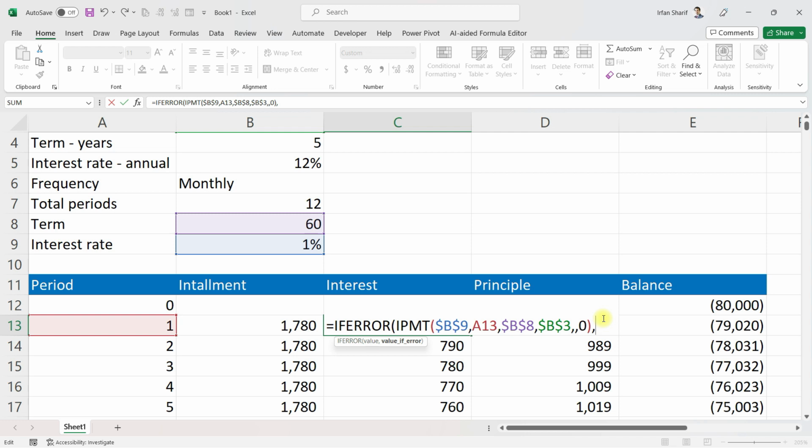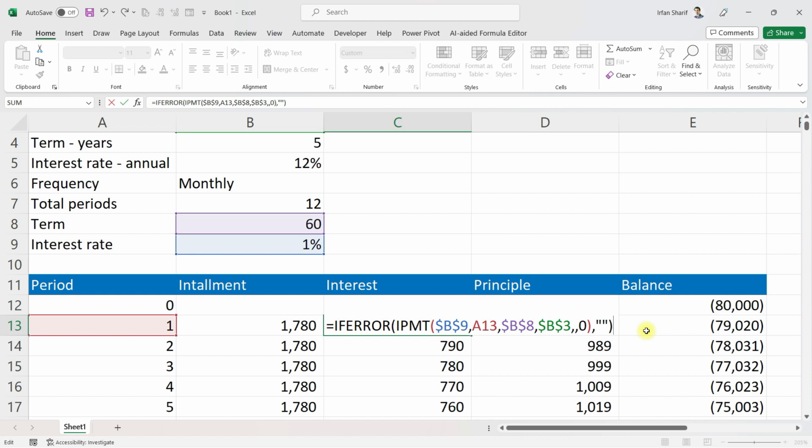Now you can write anything here, but please make sure you are writing that in inverted commas. I am just applying inverted commas, open and close, and then closing the bracket, which means please give me nothing, please give me a blank cell.